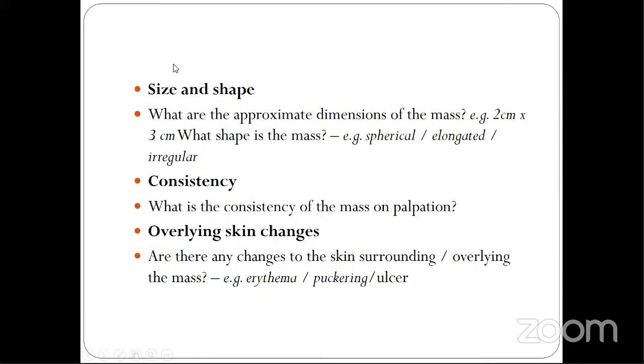First, position. Second, size and shape of the mass. This mass is approximately 2, 3, 4 centimeters. Mass shape, as you see, the mass is regular, elongated, and then consistency of the mass.